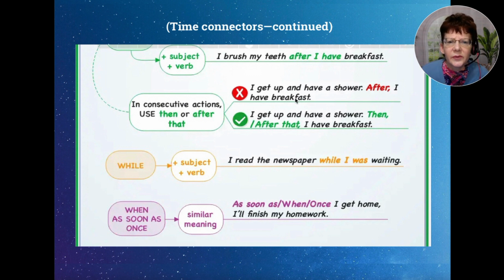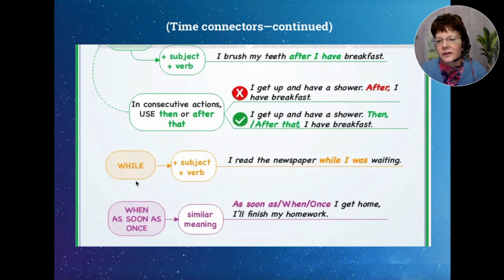So for example, this one is not correct. I get up and have a shower. After, comma, I have breakfast. We want to say instead, I get up and have a shower. Then, or after that, I have breakfast.